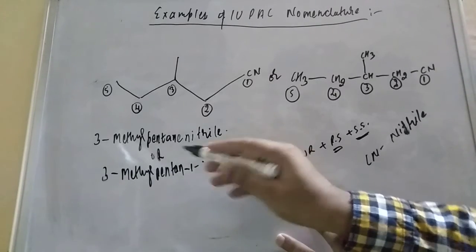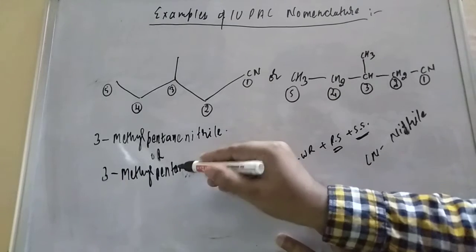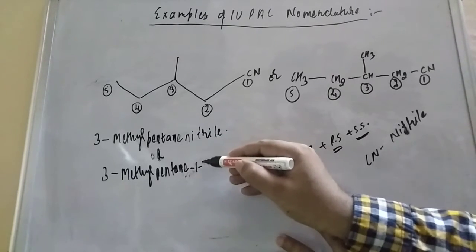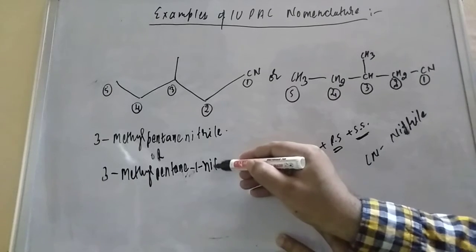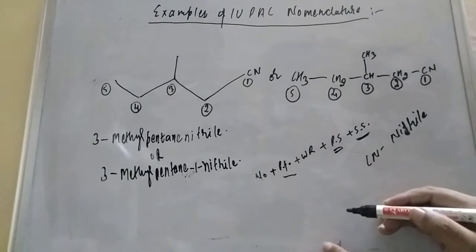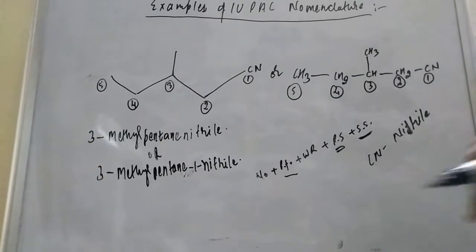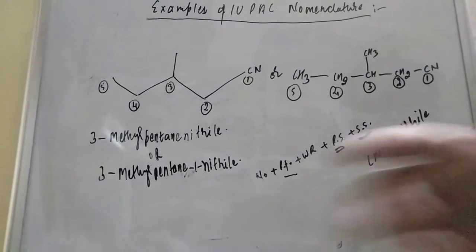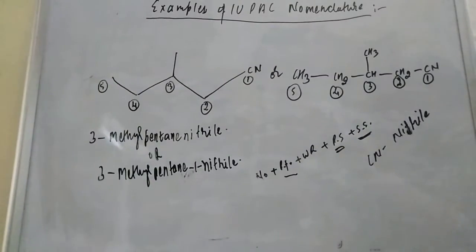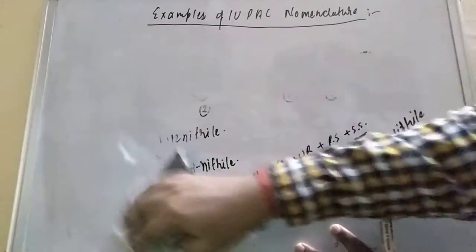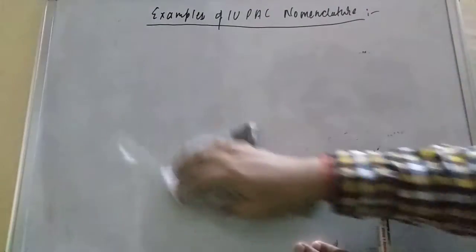Pentane means E also we have to mention, student, pentane 1, and then nitrile: 3 methyl pentane 1 nitrile. This is the IUPAC name of this compound. Now student, we are going to a little more difficult version of the compound. Let us see the IUPAC name of one more compound.